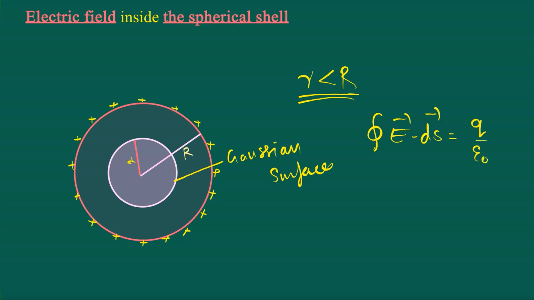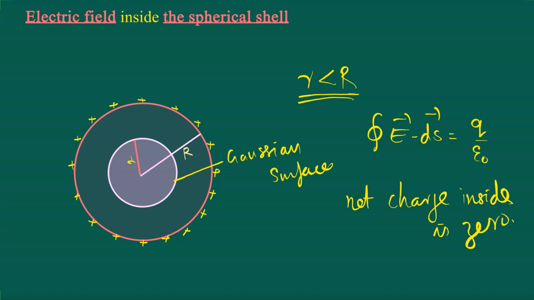So now we are just applying Gauss's theorem, integral of vector E dot vector ds is equal to q by epsilon naught. So now we have to calculate the net charge enclosed by this Gaussian surface. Usually we know that charge is distributed on the spherical shell only. So there will be no charge enclosed in the Gaussian surface. So we can take the net charge inside as 0.